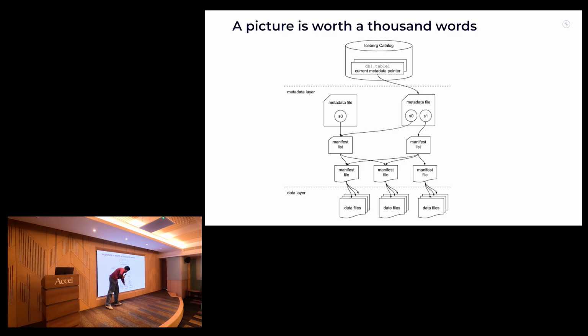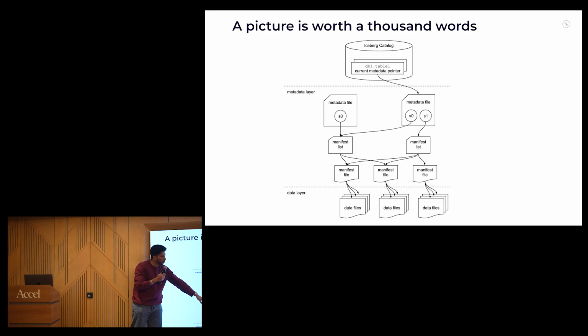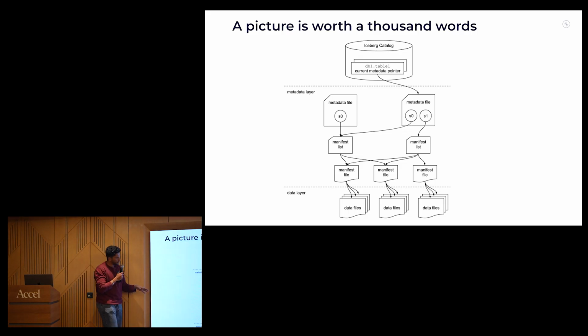Let's say two of these data files have records which satisfy our query. Then the query engine only needs to download those two data files. That's how column stats help to prune, and instead of 9 data files, you just have to read 2 data files. So that's how the overall structure and the query optimization works.